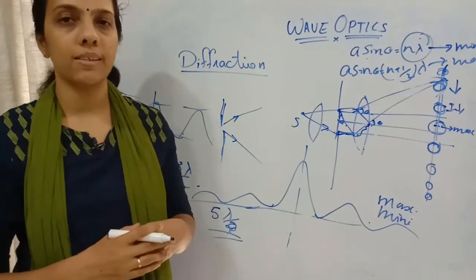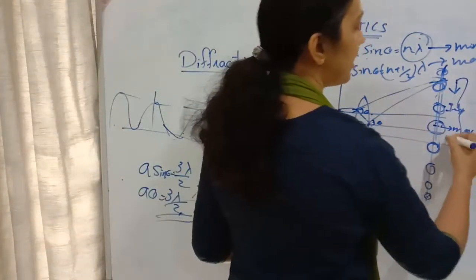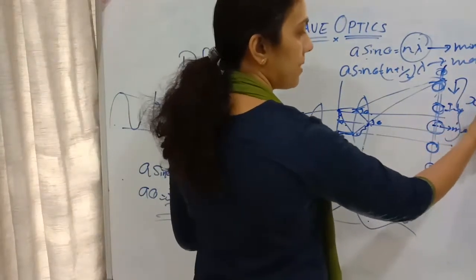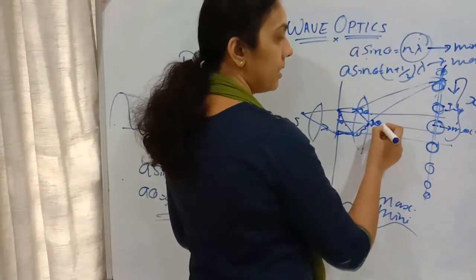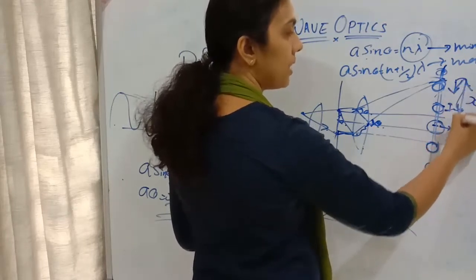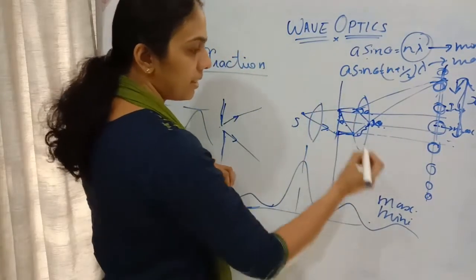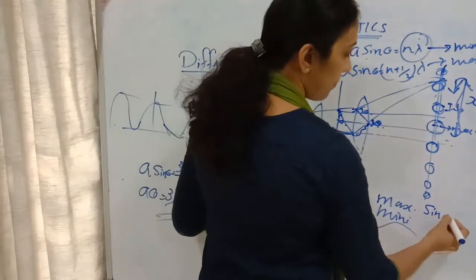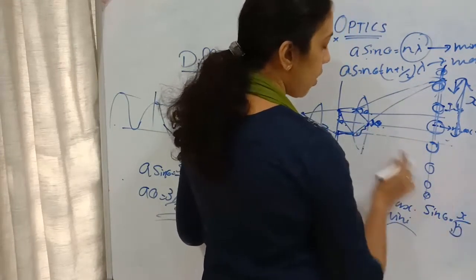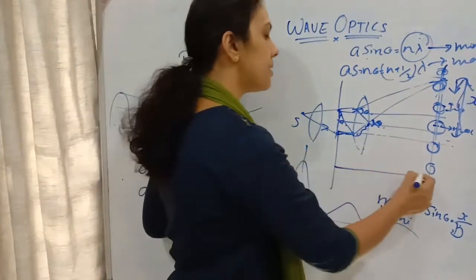Now we are going to consider what the distance will be. See, this distance from the center maximum, how can we find it out? If I consider this distance as x, and this is theta, then I can write sin theta equals x divided by D, where D is the distance between the slit and the screen.